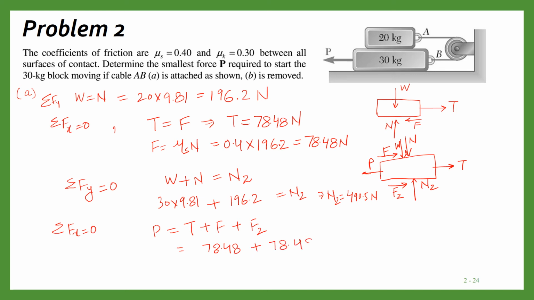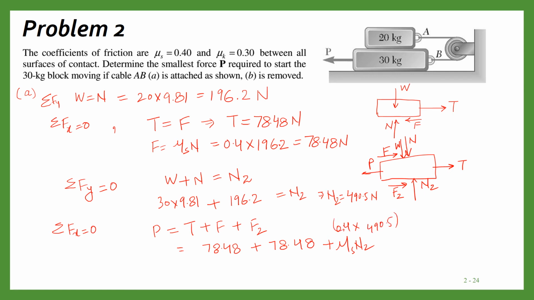Okay. So this T we have calculated 78.48. F we have calculated again 78.48, and this F2 will be equal to mu S N2.